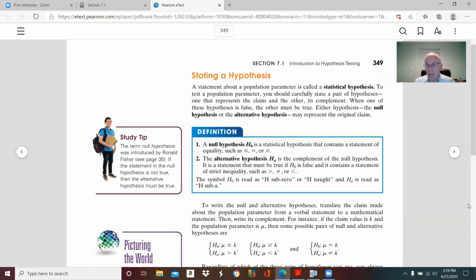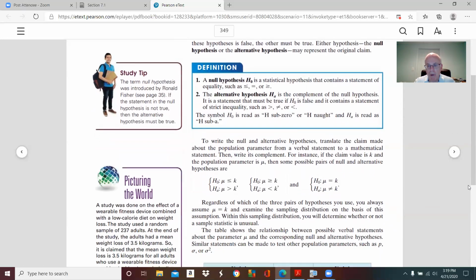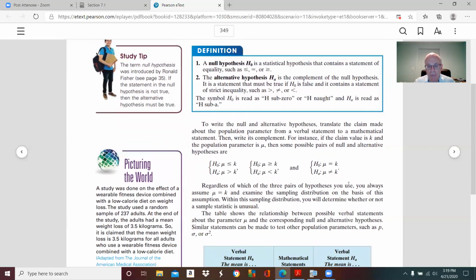Now, there are three sets of hypotheses. Here's one set here. If the null hypothesis is mu, and they're using mu here, but we could use p if it's a proportion, but this is the population mean. If the population mean mu is less than or equal to some number k, if that is the null hypothesis, in other words, the first case here, then the alternative has to be greater than.